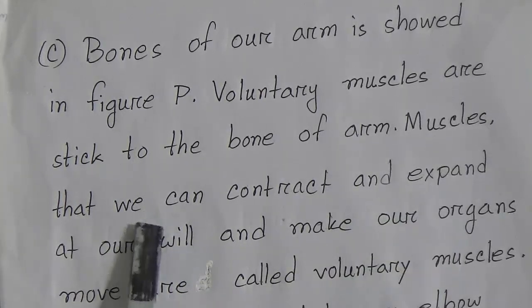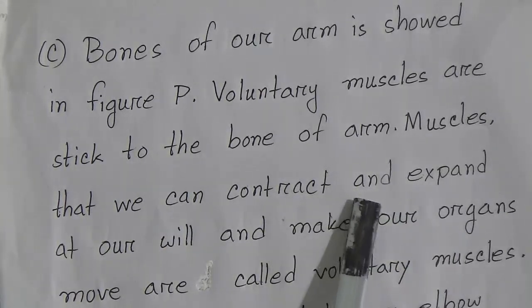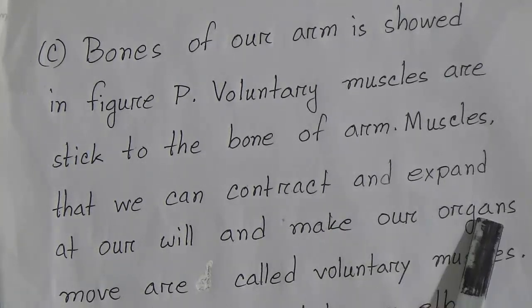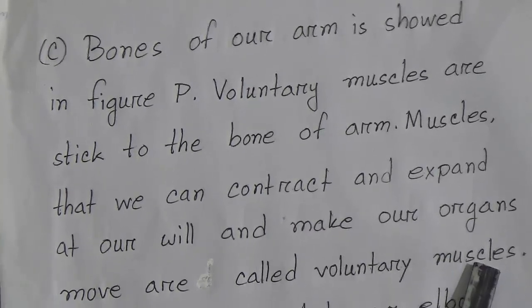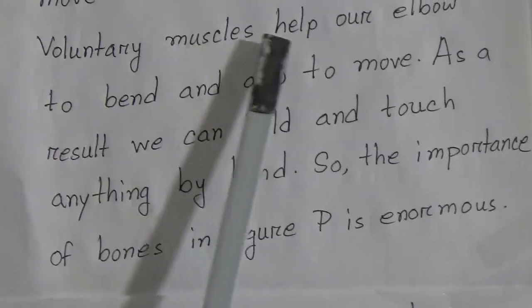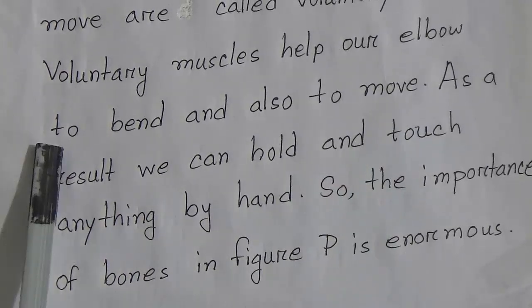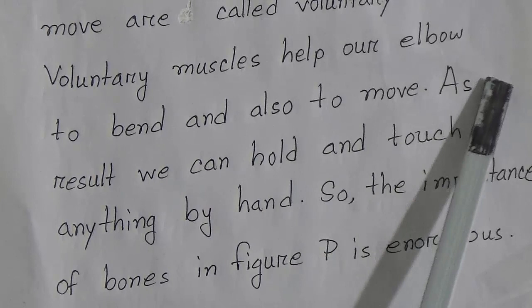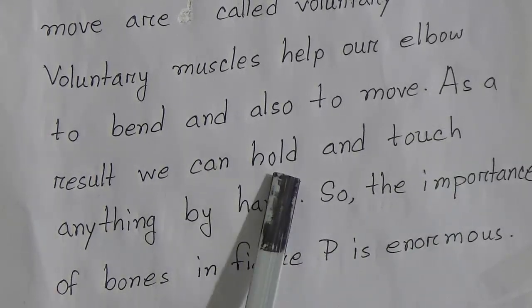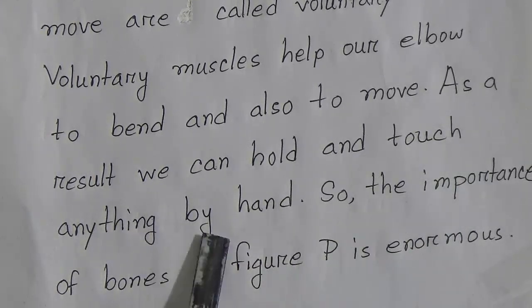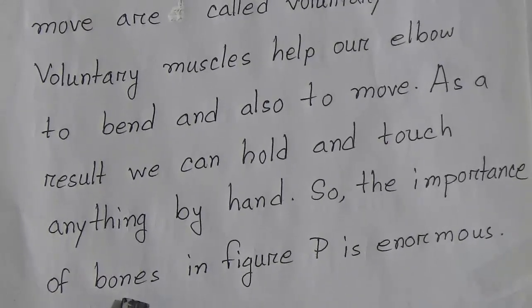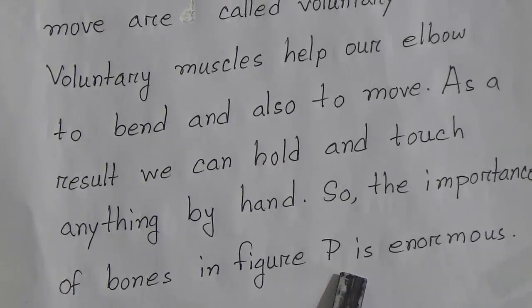Muscles that we can contract and expand at our will and make our organs move are called voluntary muscles. Voluntary muscles help our elbow to bend and move. As a result, we can hold and touch anything by hand. So the importance of bones in figure P is enormous.